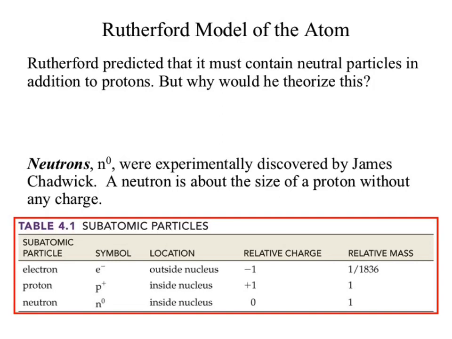So the electron is charged negative relative to a proton, which is charged positive. The neutron, our glue, has no charge. So sometimes we'll see in the upper right-hand corner a 0, because 0 means nothing. Right-hand corner means charge. 0 charge.